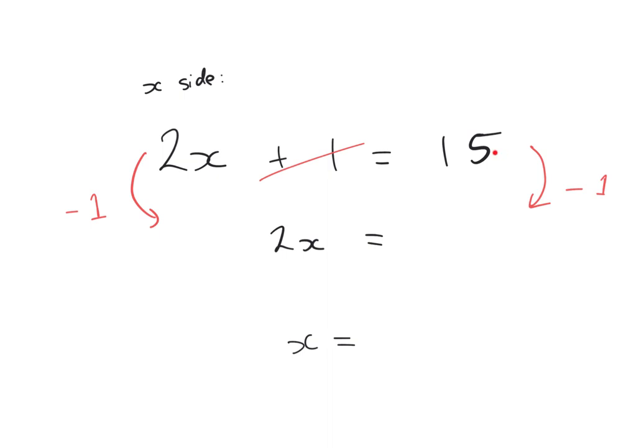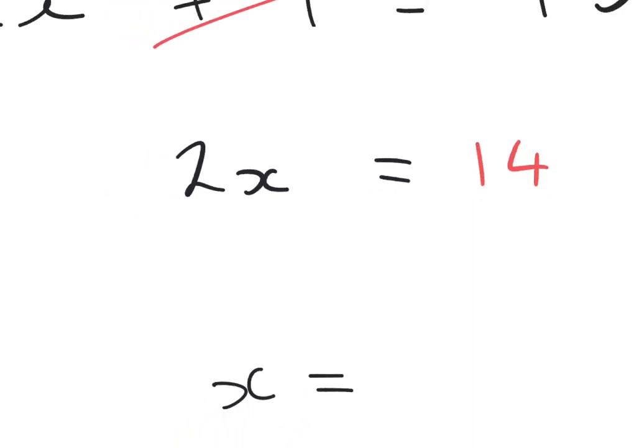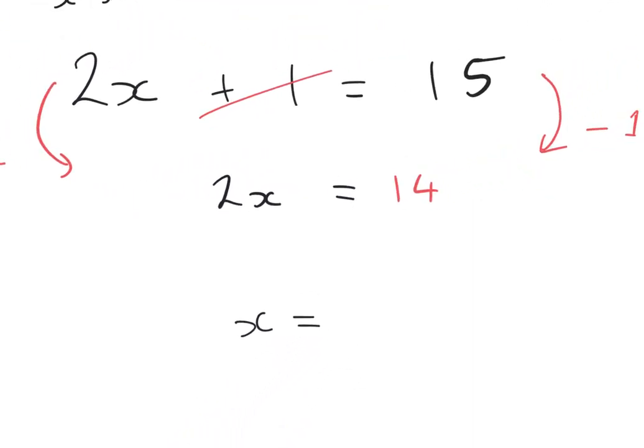And on this side, 15 take away 1 is 14. Now, this is looking awfully familiar. It's looking just like what we did before with those one-step equations. Reminder, this means multiply. So to get rid of that 2 there, we're going to divide.